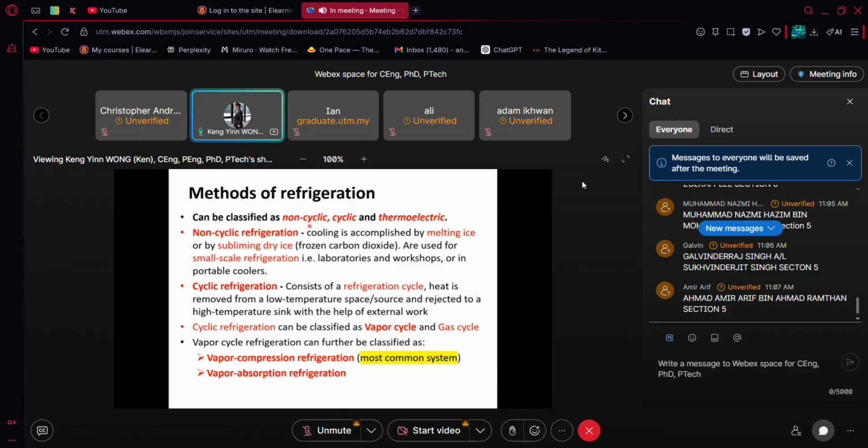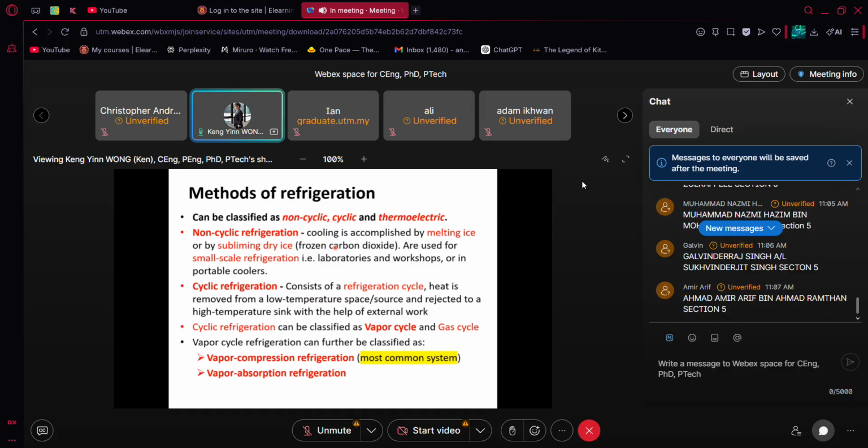Some people bring it to a picnic to store their beverages cold. Or sometimes at a football match, the team will bring along non-cyclic refrigeration to keep the drinks or medicine and so on. But it depends, not all.